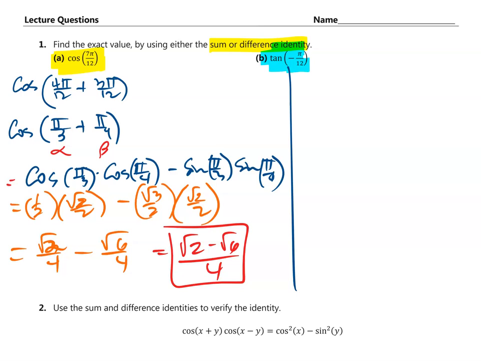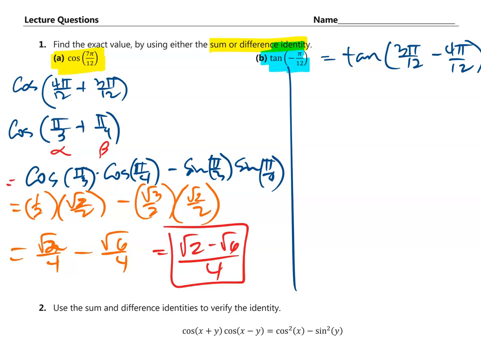Tangent of negative pi over 12. So think how to rewrite this. You can rewrite this as tangent of, to get negative 1, 3 minus 4. Right? 3 minus 4 is negative 1 pi over 12.